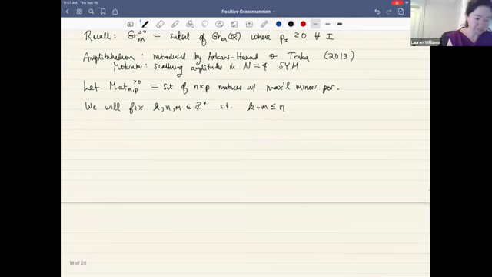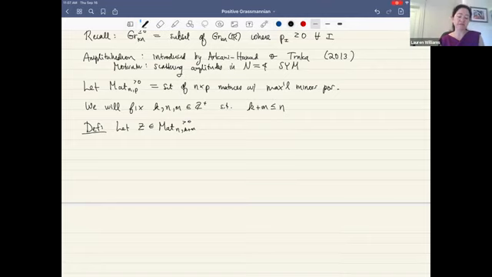And now in order to define the amplituhedron, I need to fix a positive matrix in Mat_{n,k+m}^{>0}. So Z is going to be an n by k plus m matrix with maximal minors strictly positive.